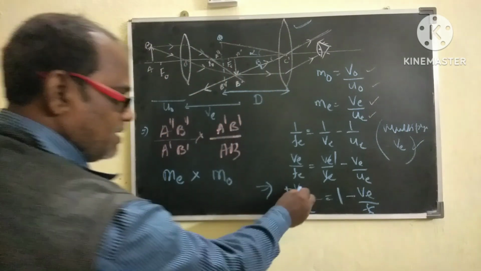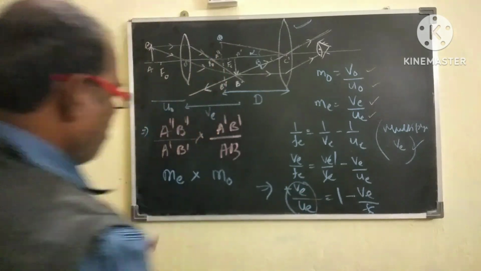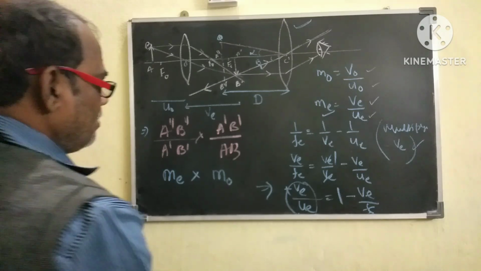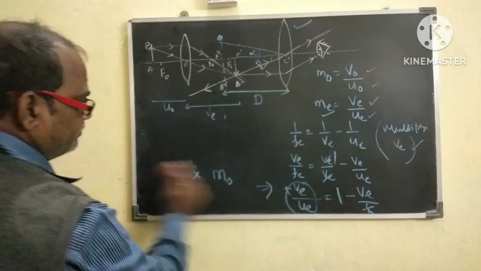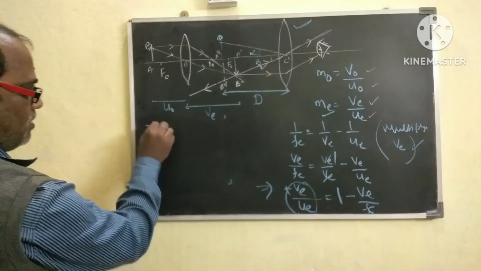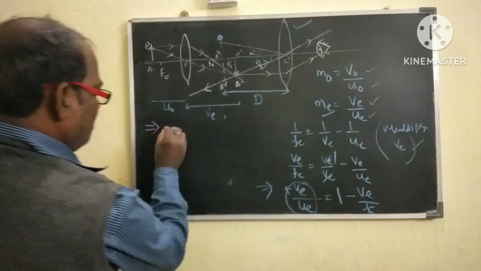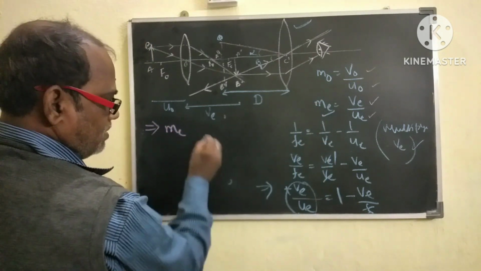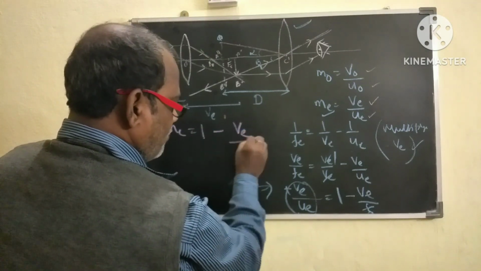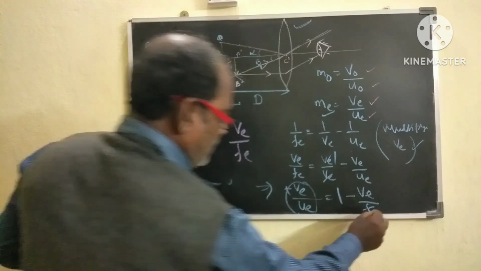Since Ve by Ue we already know is ME, instead of this we can write ME is equal to 1 minus Ve by Fe.